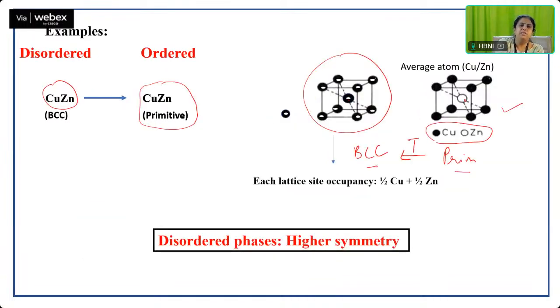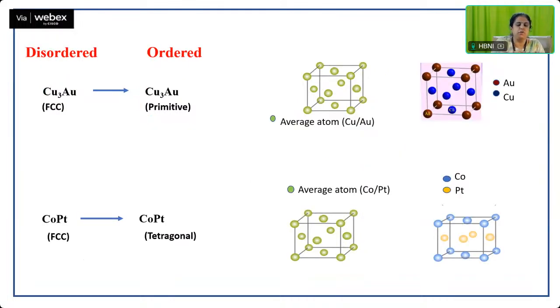Another example. There you had Cu and zinc in 1:1 ratio. Let's talk about Cu3Au. Now Cu3Au at low temperature, this is how it exists. At the corners you have all Au and at the face centers you have Cu. This is the primitive lattice. But when you increase the temperature, they all randomize.